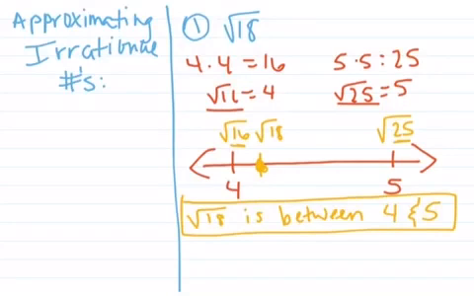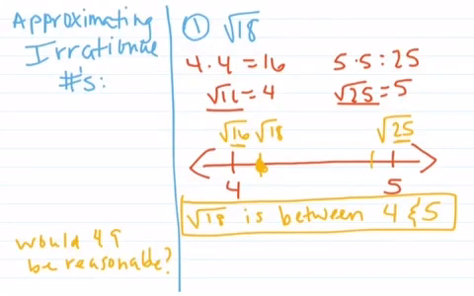Now, what if I asked you, would 4.9 be a reasonable approximation of the square root of 18? Well, is 4.9 on the number line? 4.9 would be over here closer to 5. So looking at the work I've done, is that reasonable?